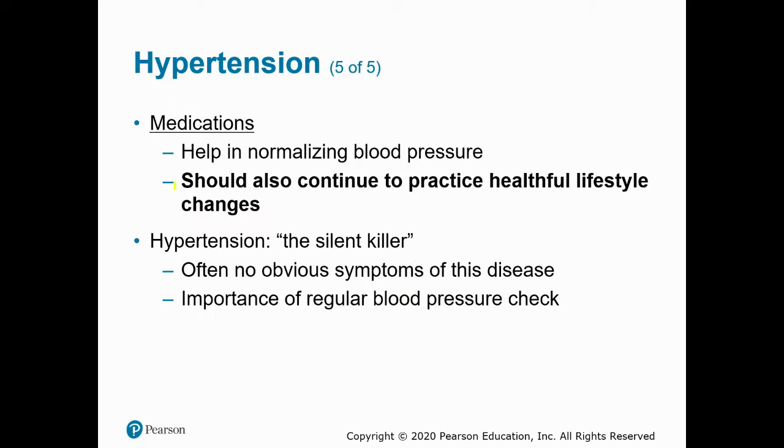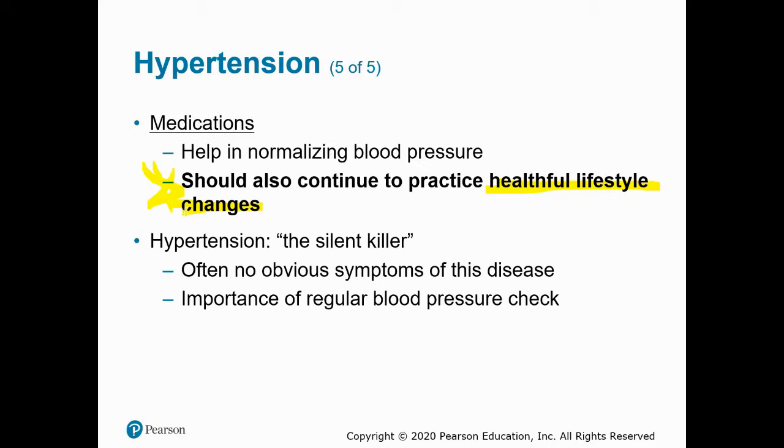Hypertension can also be managed by medication for sure, but when medication is applied to manage hypertension, healthy lifestyle changes should also be made. And then when blood pressure can be more successfully managed through a healthful lifestyle, medication dose should be reduced and potentially stopped.